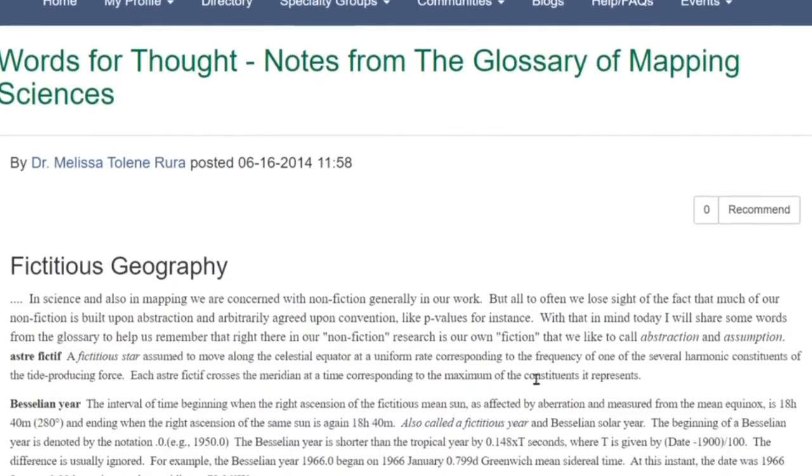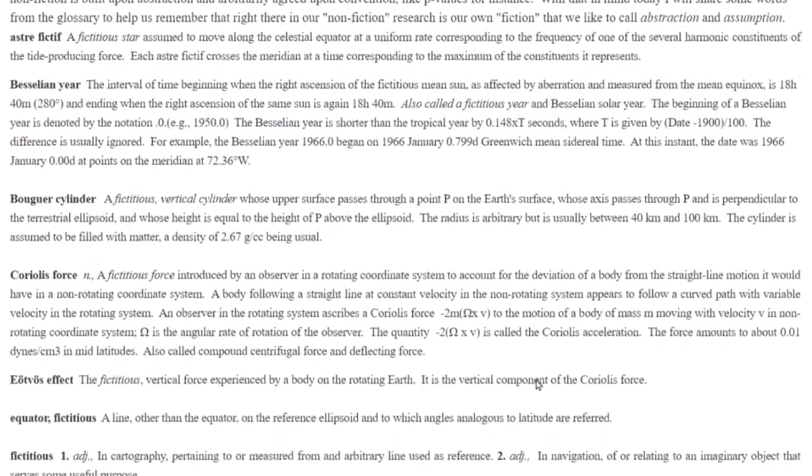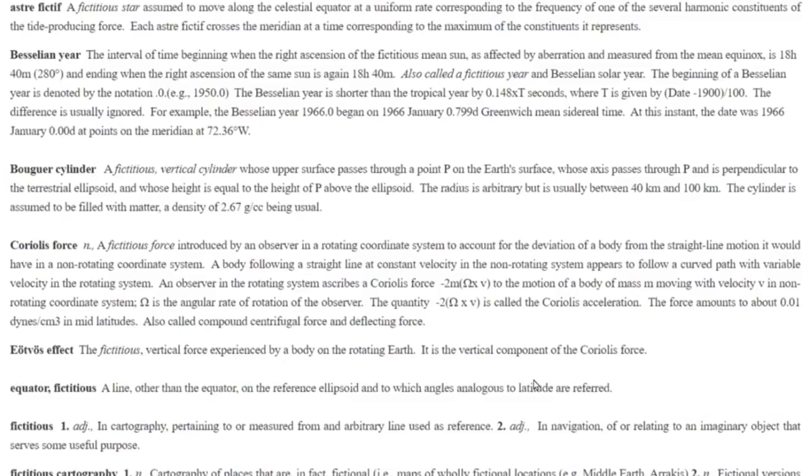Fictitious Words. Geography. Okay, so this is from the Association of American Geographers. You would think people who know how to measure. So this is saying fictitious geography. Now, can you measure fictitious geography? Just keep that in the back of your head. In science and also in mapping, we are concerned with nonfiction generally in our work. I agree.